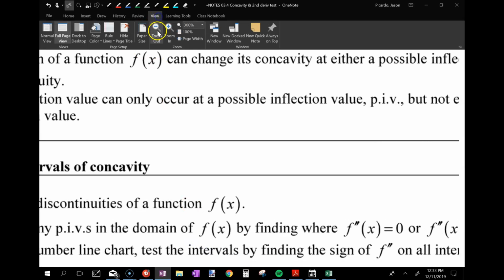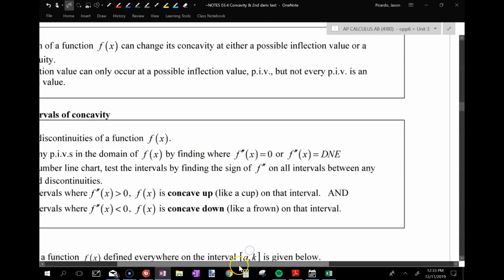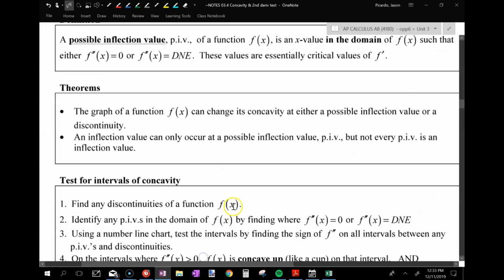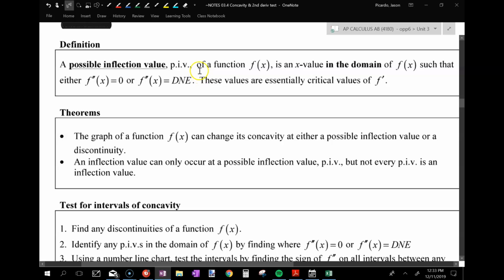So that brings us to the following. It seems like there's a lot going on here, but really not. A PIV is what I'm going to call a potential inflection value. And a potential inflection value has to first of all be in the domain. We already said that.